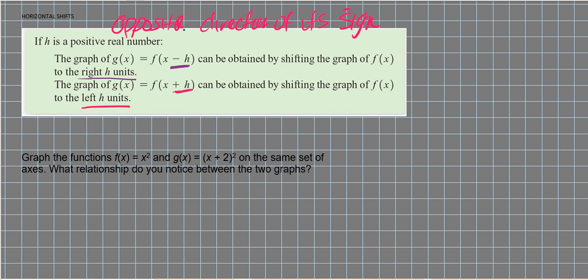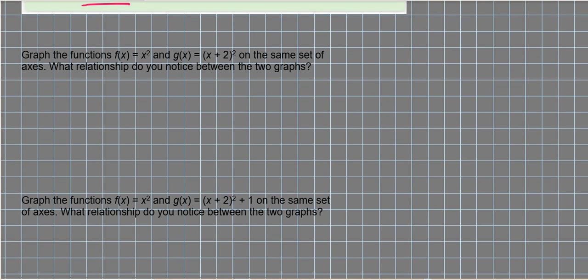All right, let's do an example really quickly. Let's say I have a graph here. It says graph x squared, right? X squared is passing through 0, 0. We're just doing a little sketch. But now if we have x plus 2 squared, you see how this is inside of the function? f of x equals x plus 2 squared.